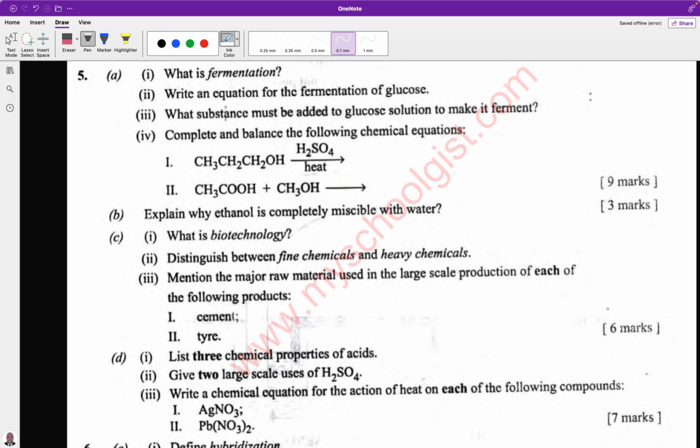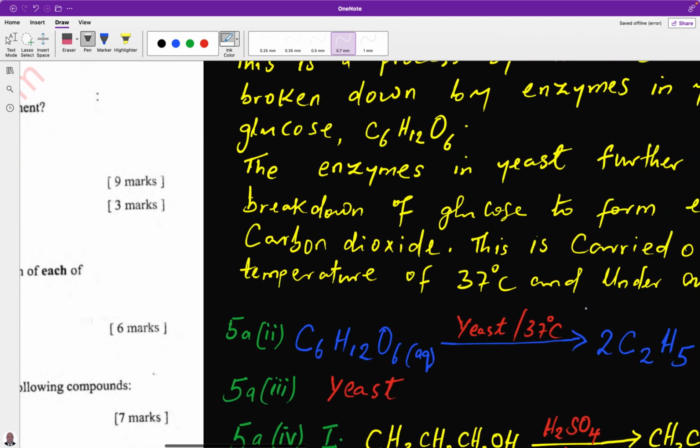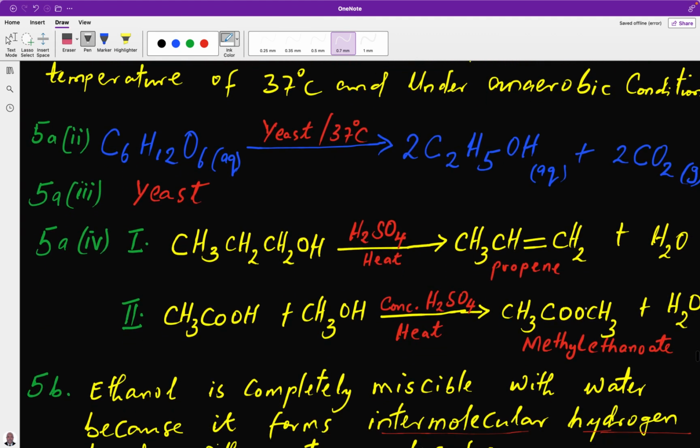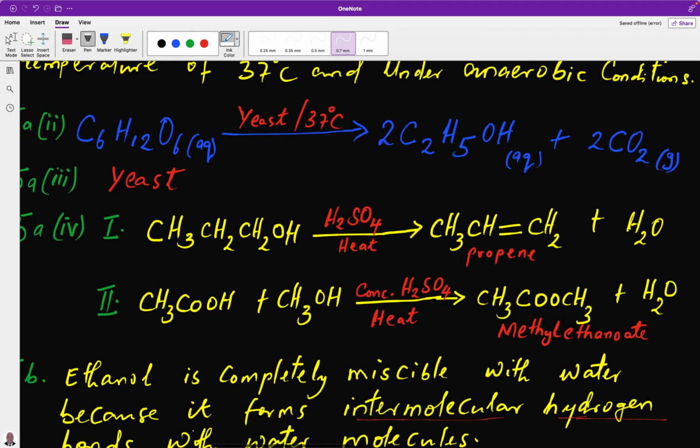Obviously, the catalyst in this reaction is concentrated sulfuric acid. Under heating, the name of the product will be methyl ethanoate, and water is formed.